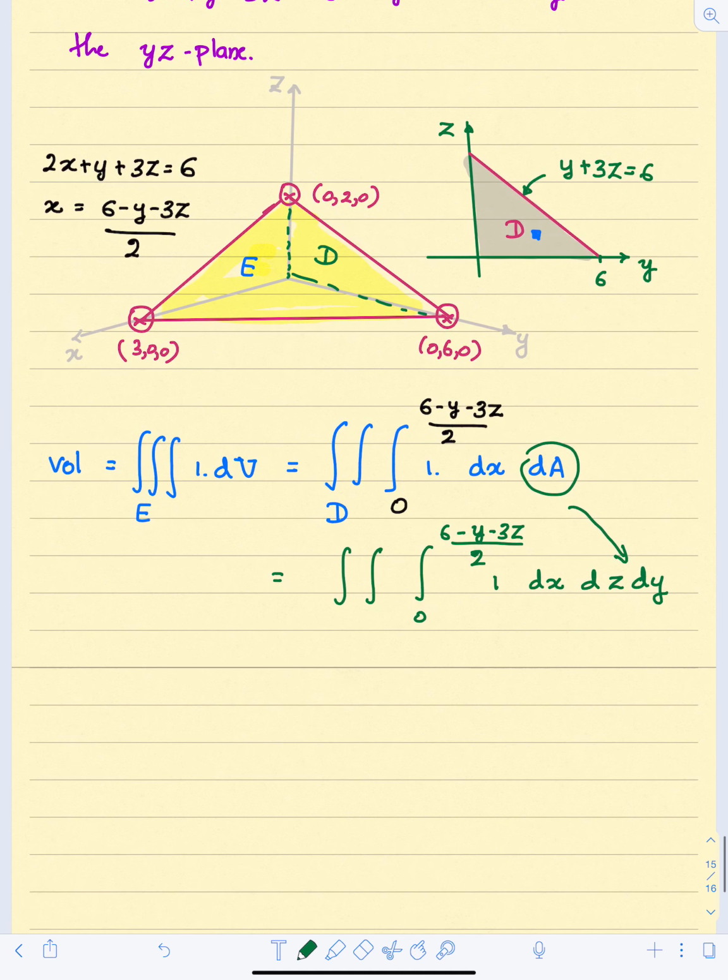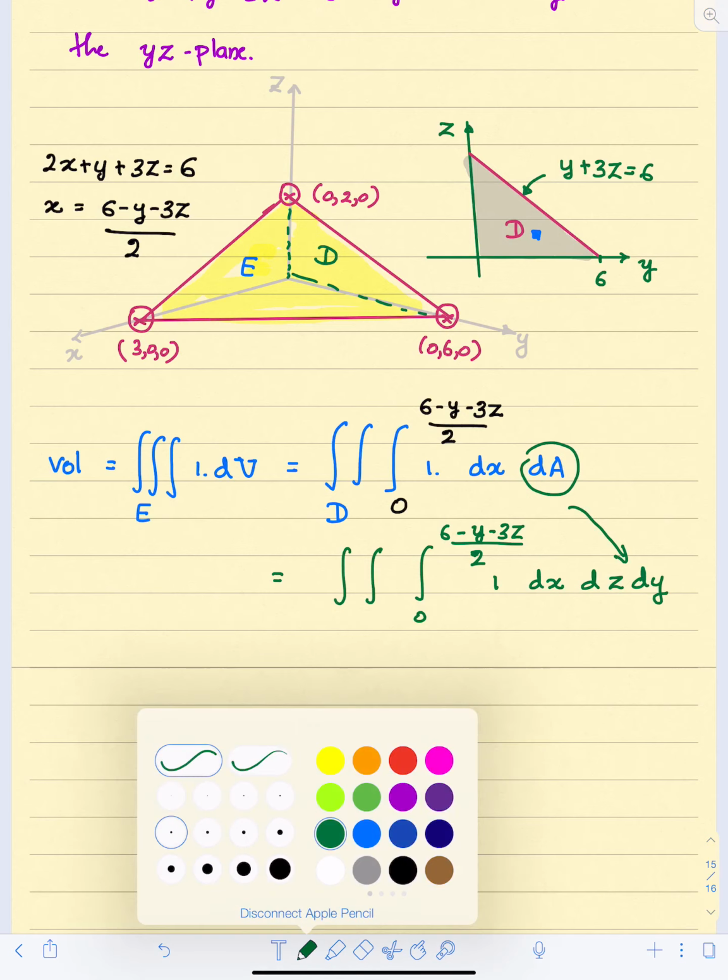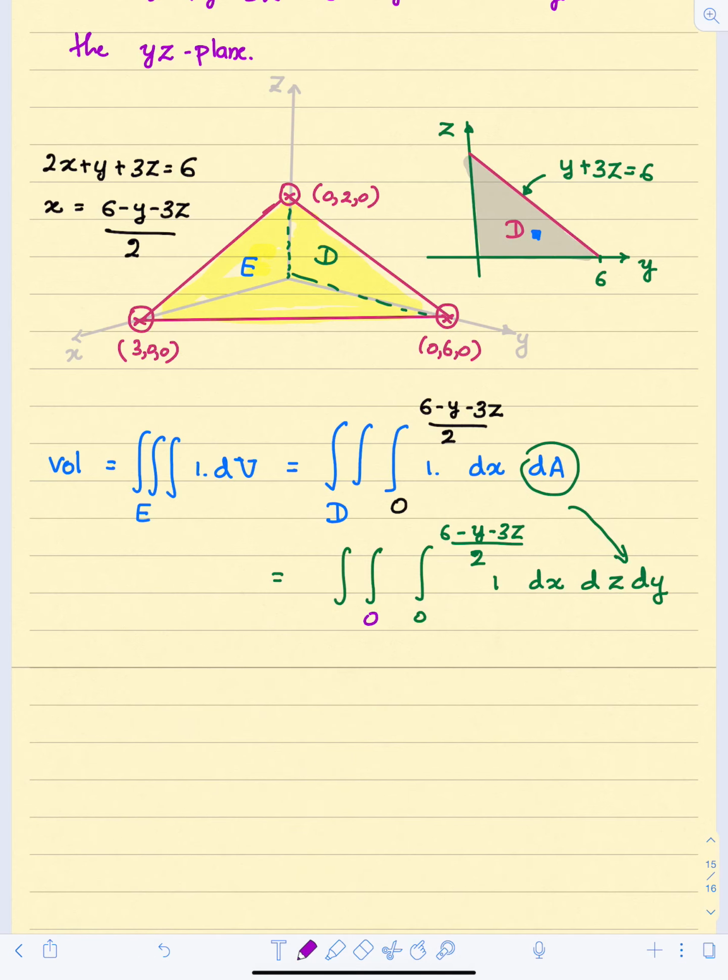Now my middle integral corresponds to the z variable. Therefore, we want to express the limits in terms of the y variable. The lower value of z is given by the y-axis, so it should be 0. Upper limit of z is given by the line y plus 3z equals 6.